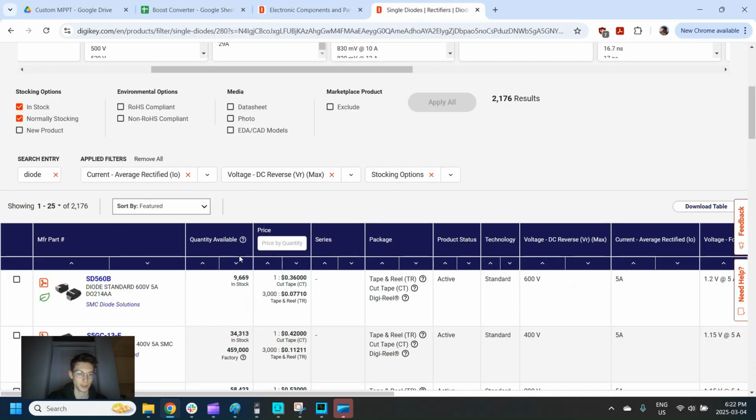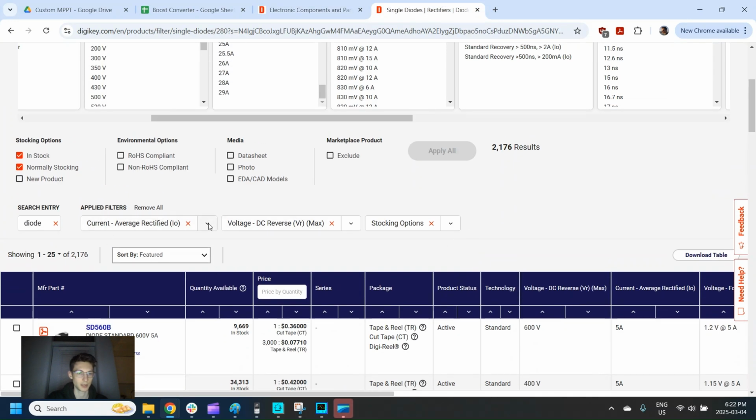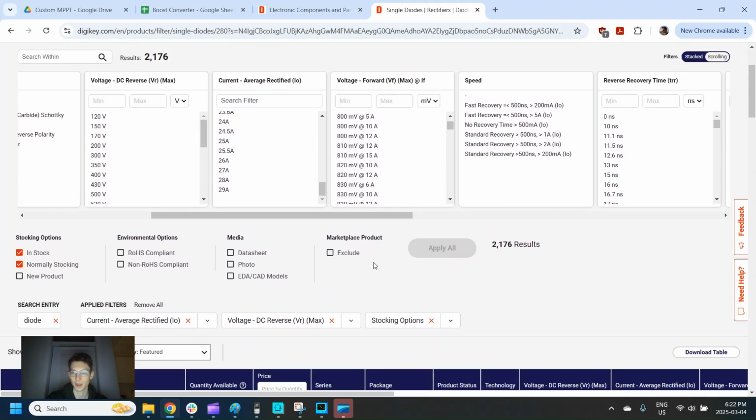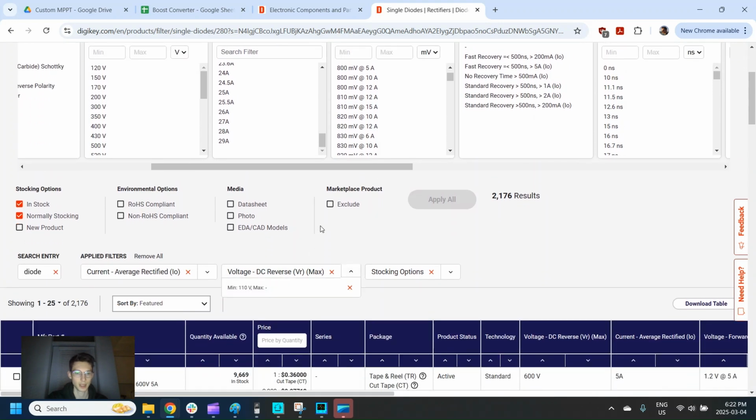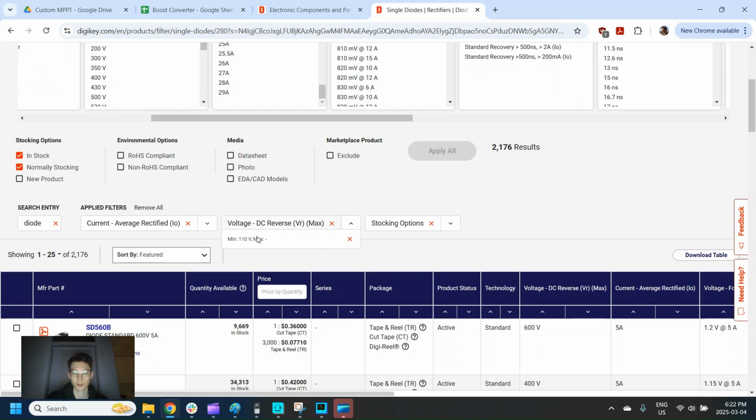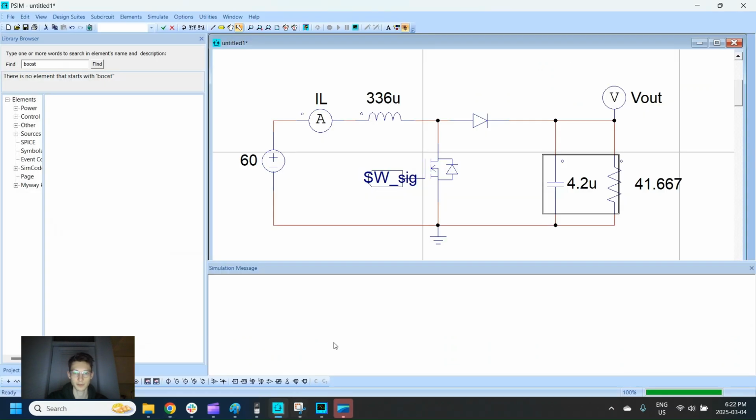So we can run through here, and I just put in a current rating of basically at least 10 amps. Wanted to be a bit excessive there. And reverse voltage. So this reverse voltage is just going to be the output voltage. So when the switch is closed, this diode has to withstand a total of whatever the output voltage is across it.